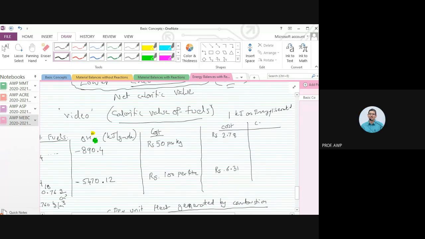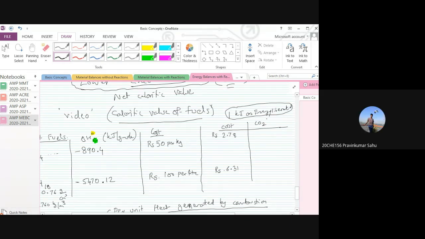And what is the CO2 footprint? Sir, CO2 footprint for CNG is 2.75 into 10 power minus 3 tons of CO2 per metric ton of methane. No, per energy you have generated. Per energy generated, how much CO2 is liberated?